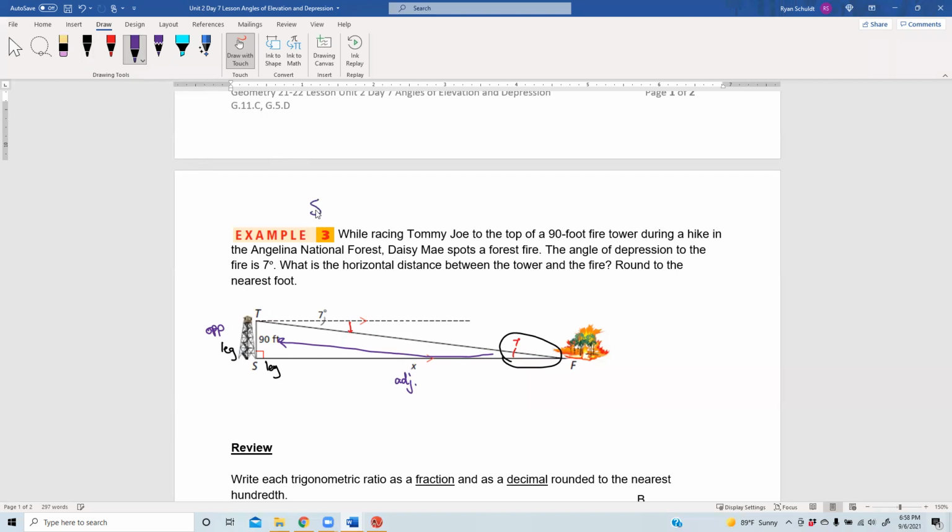So if we remember our trig ratios, SOH CAH TOA, which one deals with opposite and adjacent? Tangent. So we'll set up tangent of 7 degrees equals 90 over x.